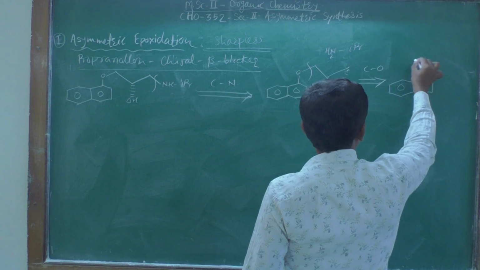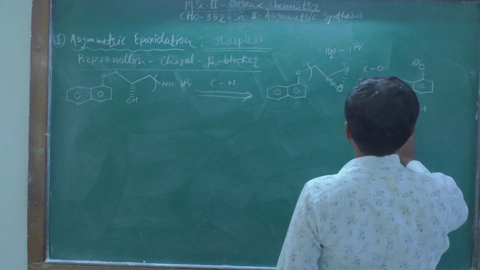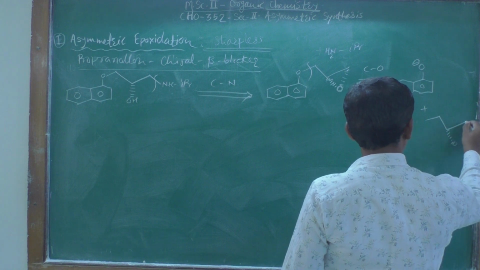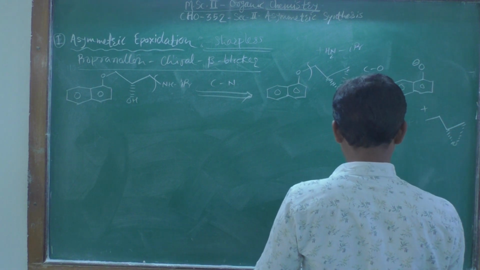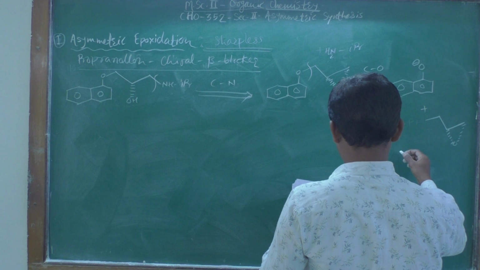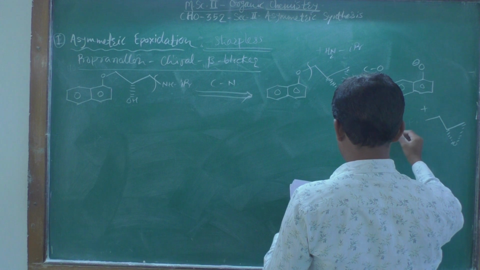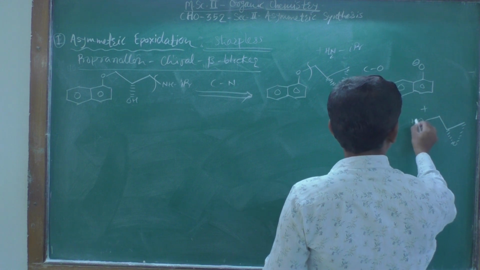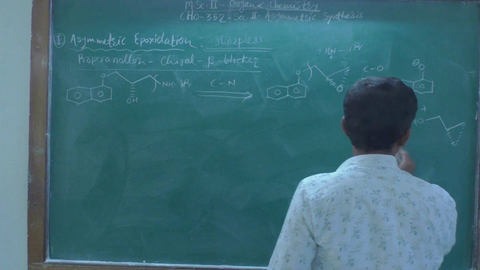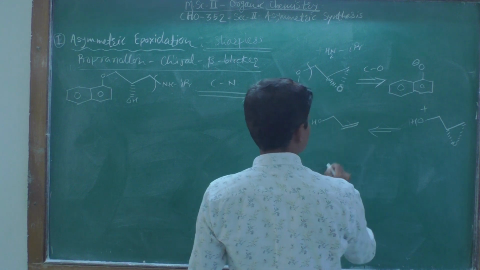We are getting this naphthoxide, alpha-naphthoxide ion, plus this epoxide. Now how can we prepare this epoxide? From an allylic alcohol. So this is OH CH2, this is the allylic alcohol.